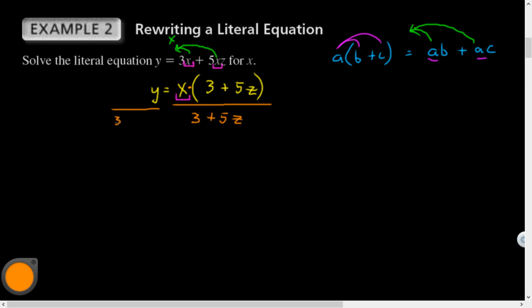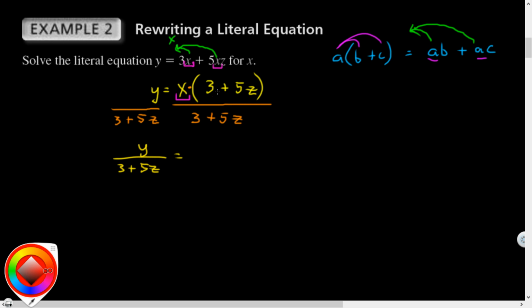It's kind of hard for me to fit it all in there. 3 plus 5d. Dividing both sides. You could throw parentheses in there if you want, but it actually doesn't need it because the fraction bar behaves as its own grouping symbol. So over here, I would have y divided by 3 plus 5d is equal to, and notice what happened here.